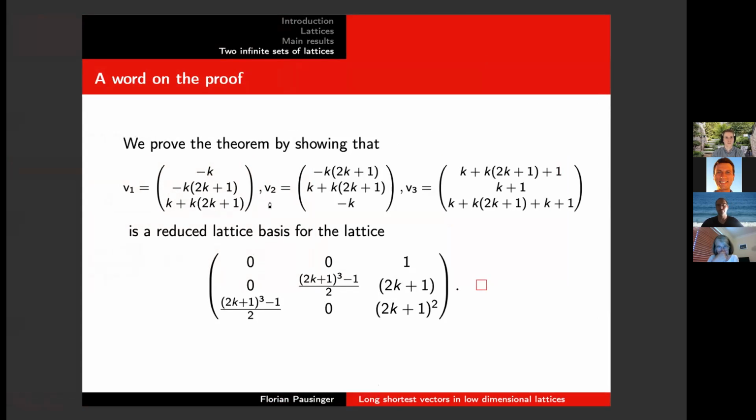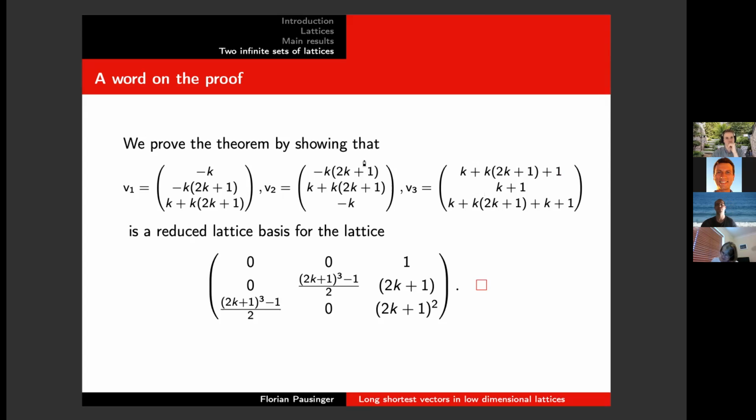And so the main task here was to actually come up with the reduced basis and then afterwards prove that this is indeed a reduced basis. But once one has these basis vectors, one can just show that they form a reduced basis by checking the conditions I showed you in the definition.